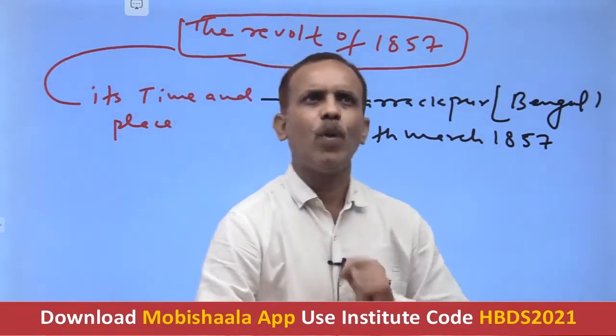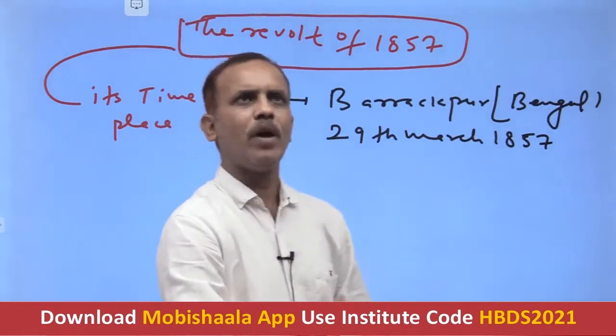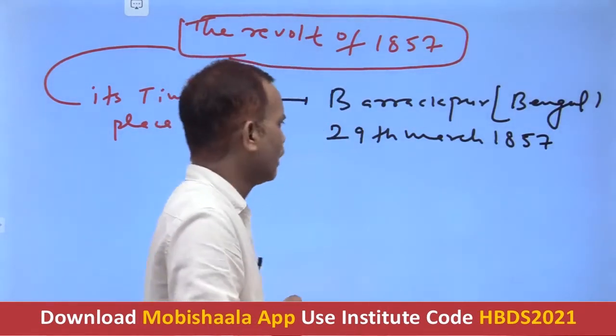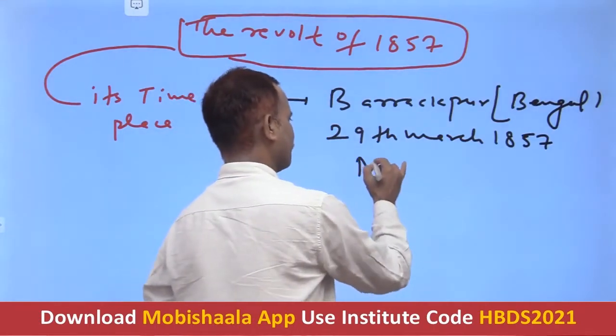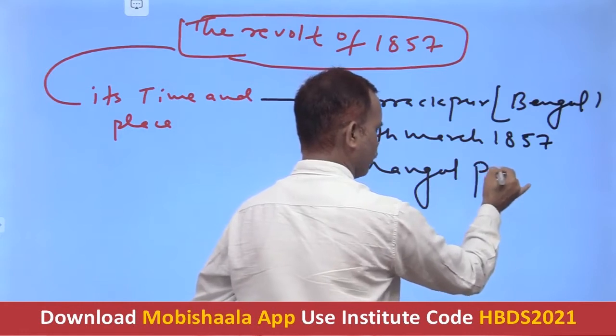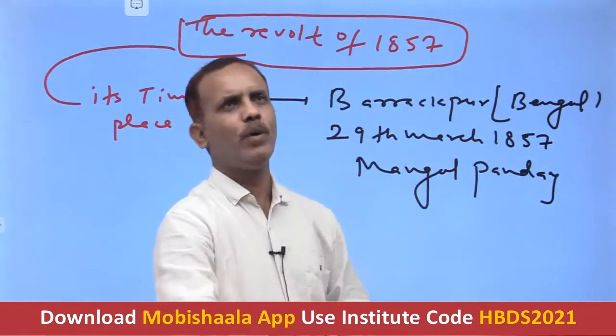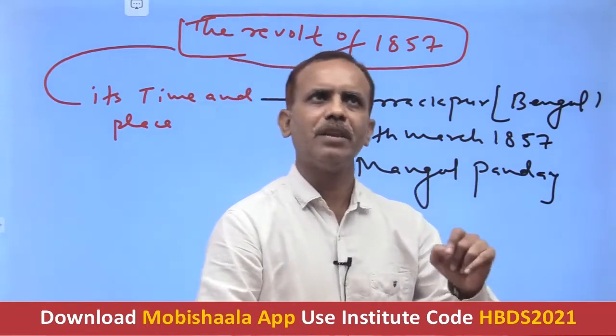Some Indian sepoys, led by a Brahmin sepoy of Uttar Pradesh, Mangal Pandey, raised a banner of revolt against the British government.